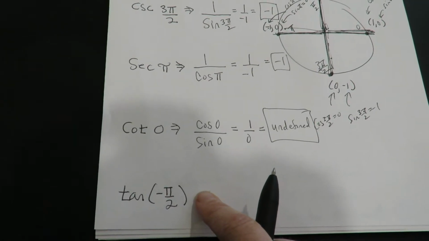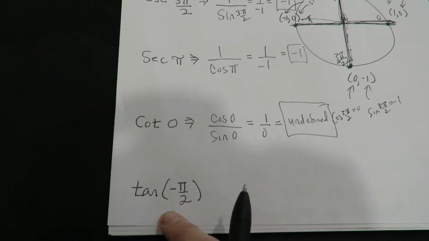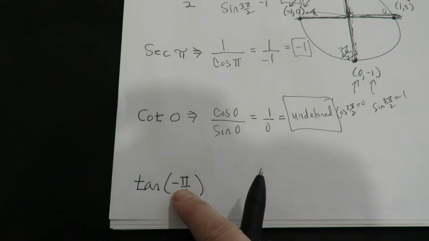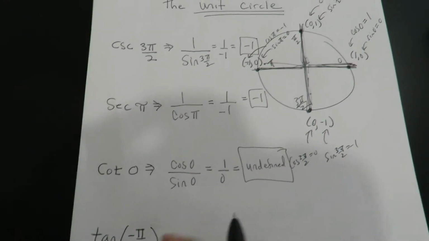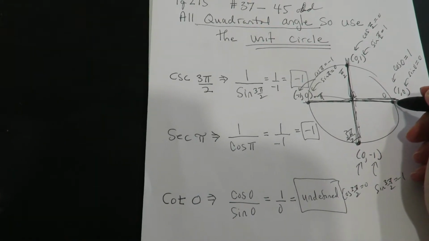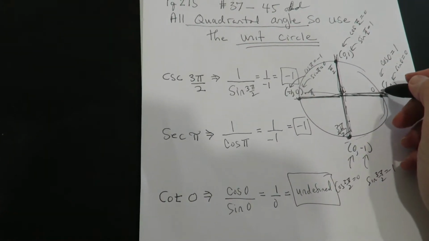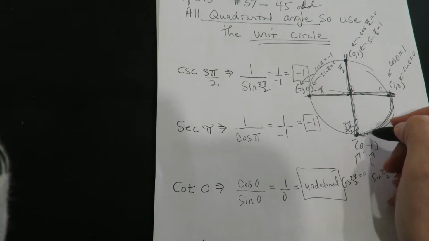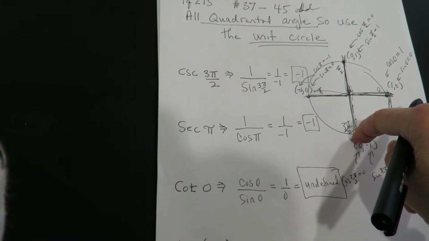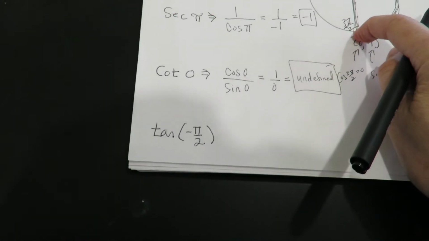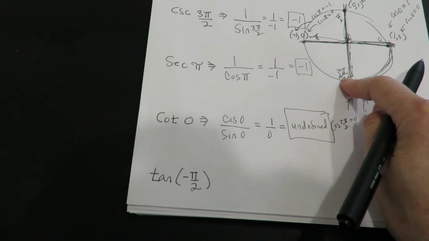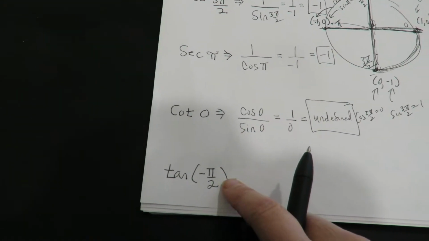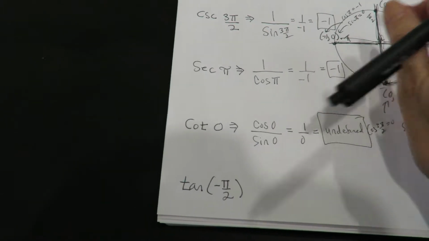Okay, last one, tangent of negative pi over 2. If there's a negative in front of the angle, that means you're rotating in standard position clockwise. You're coming this way, so if you're coming to negative pi over 2, you're coming here to this spot. So I'm sitting here on the unit circle, but I need to convert this into something the unit circle can handle.